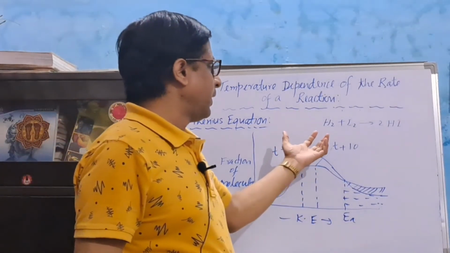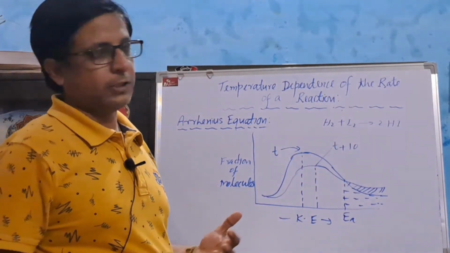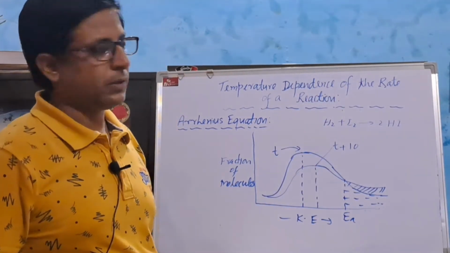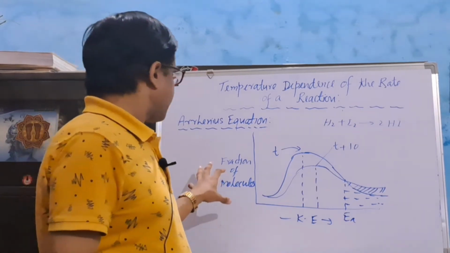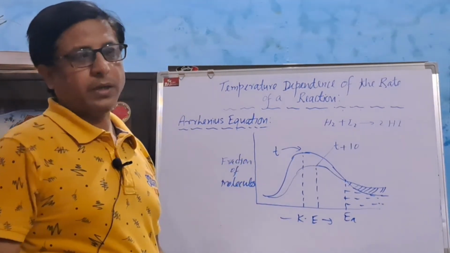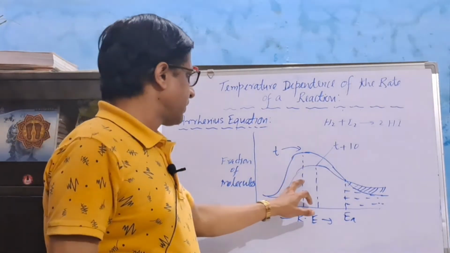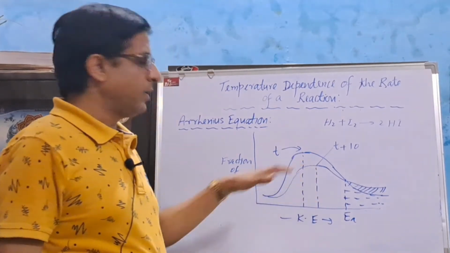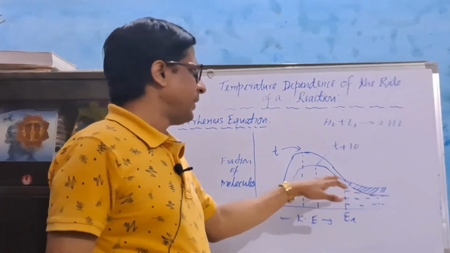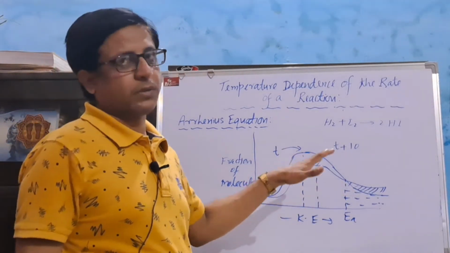This is the representation of most probable kinetic energy with temperature. We can also see that the graph broadens on increasing the temperature, but the area under the graph remains constant.